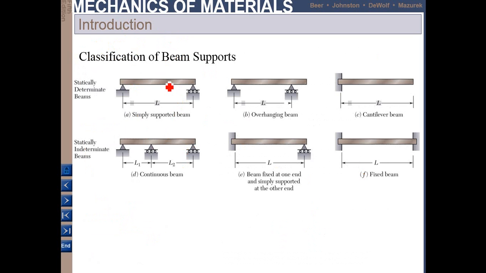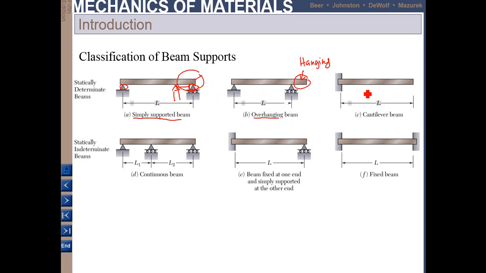Okay, this is the classification of beam supports. First is the simply supported beam. If the beam is supported at both ends like this and like this, it is called a simply supported beam. If you move this support to here, so that this area is hanging like this, we call it an overhanging beam.